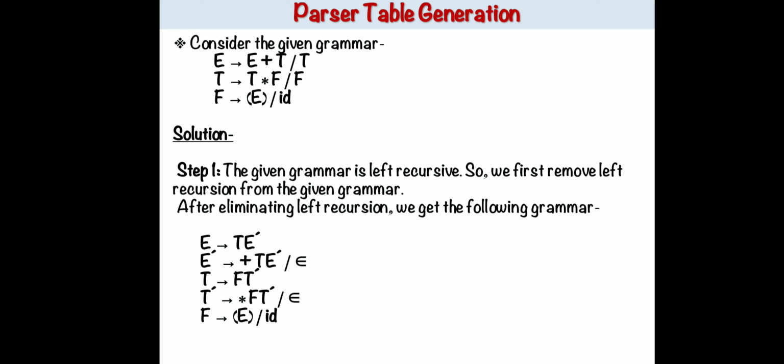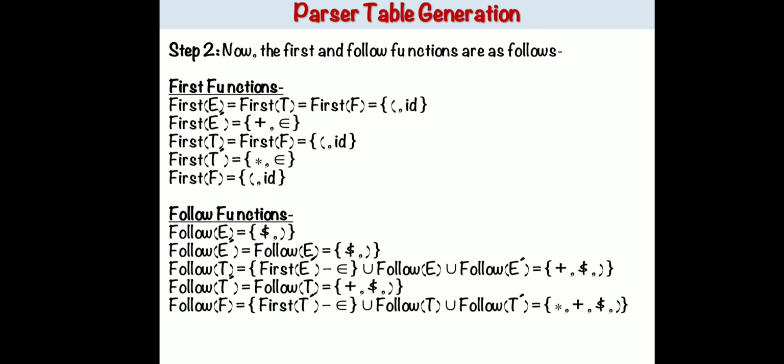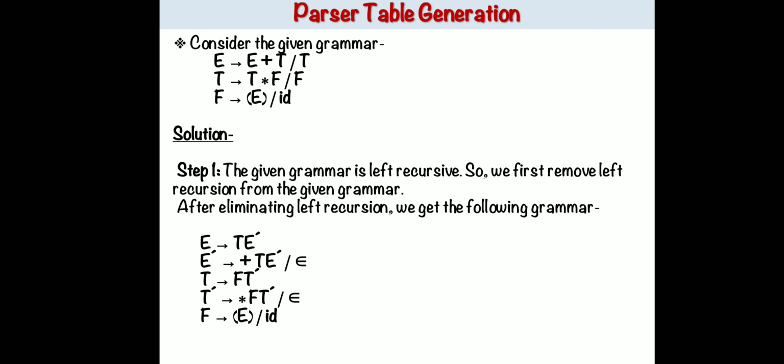First of F means what? First parenthesis, open bracket, we are getting, and we are also getting the ID, as you can see here: F arrow open bracket E close bracket, or ID.